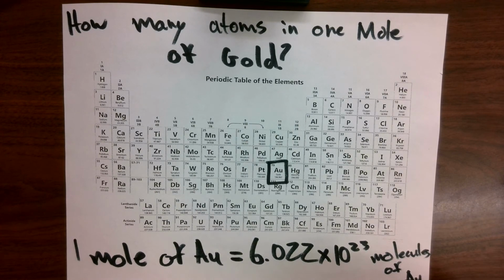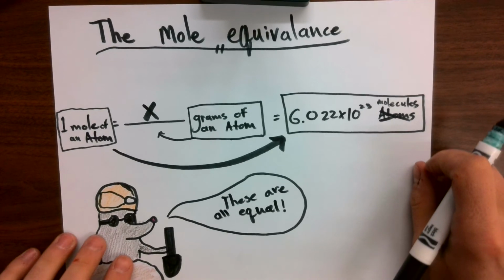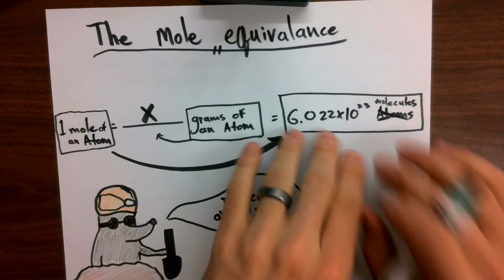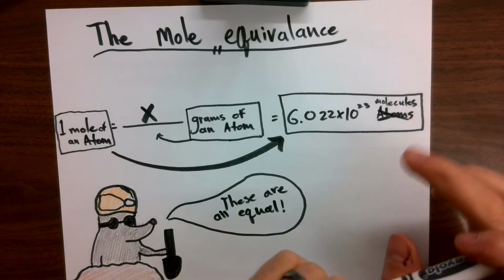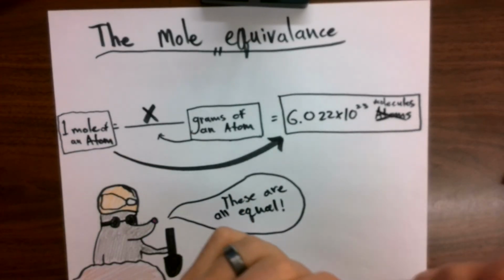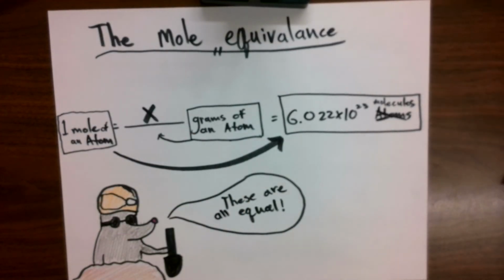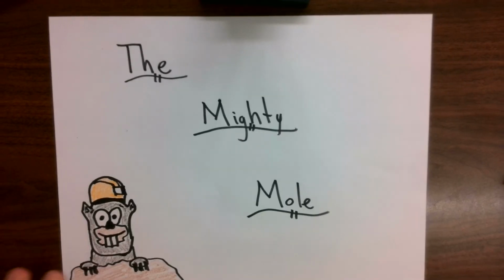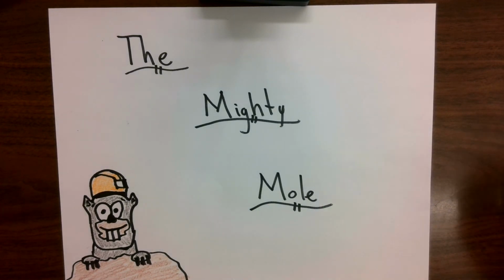Okay, so the problem really comes when we have to start this other step where we're going from grams to moles, or grams to atoms and molecules, or molecules to grams and atoms. That's where it gets hard because we're going to have to use this intermediate step of the mole. But that's why the mole is so mighty. It's going to allow us to shift between different molecules and atoms.